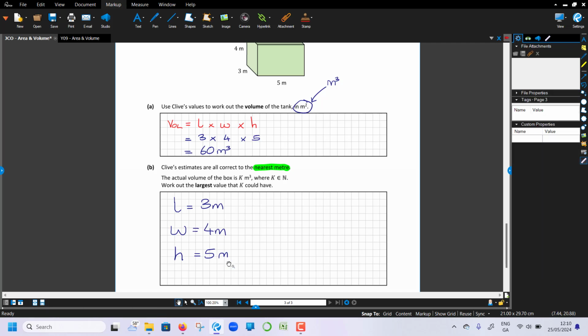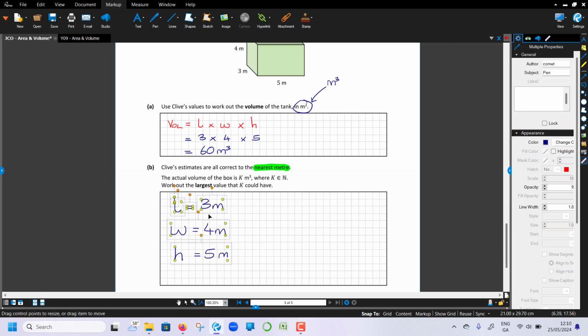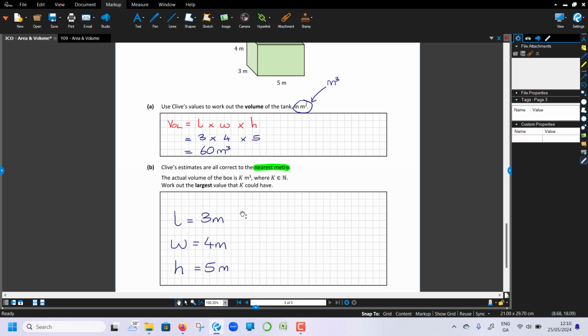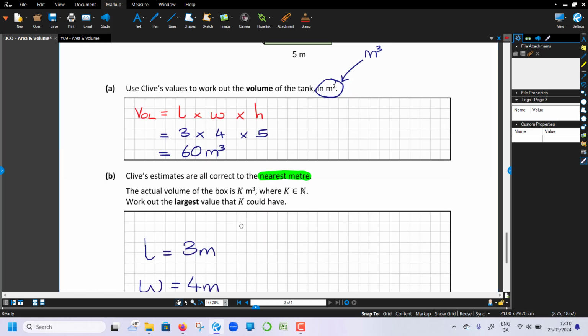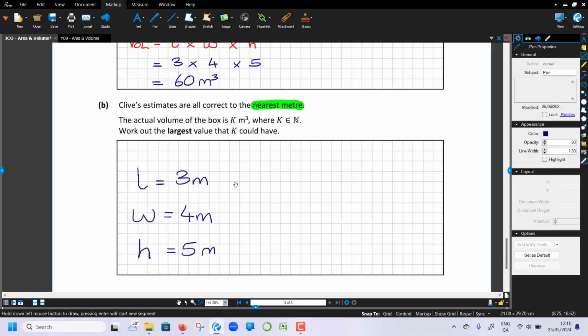So you have to find the upper bound of that, okay? So this is to do with bounds. So what we're going to do is write the upper bound. Upper bound. So if this is an estimate to the nearest meter, you get the degree of accuracy, which is the nearest meter.